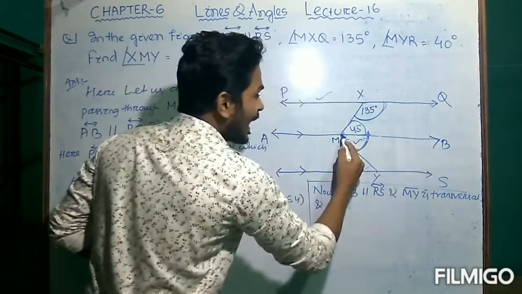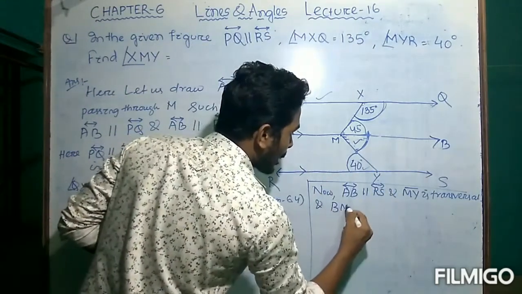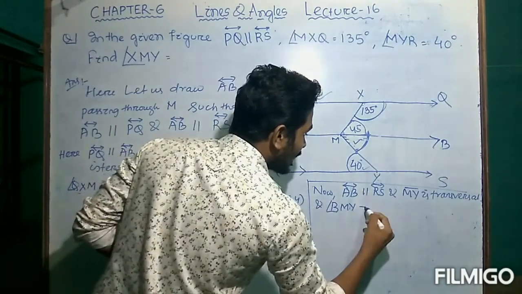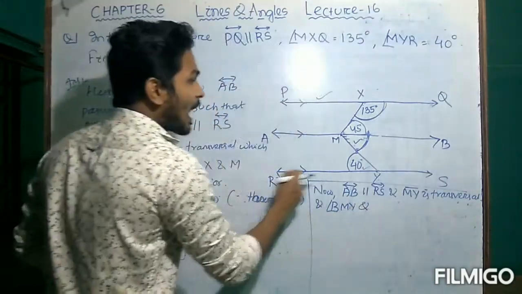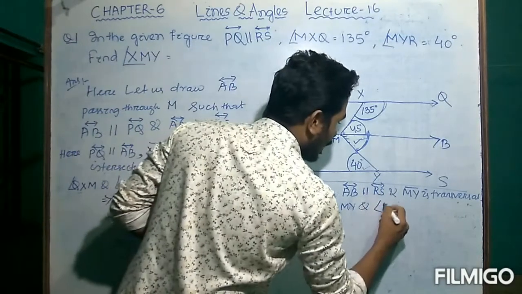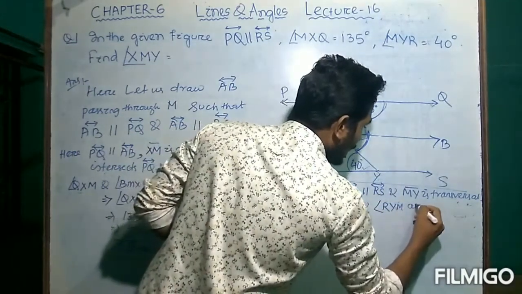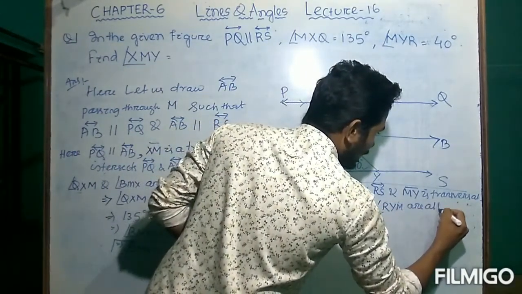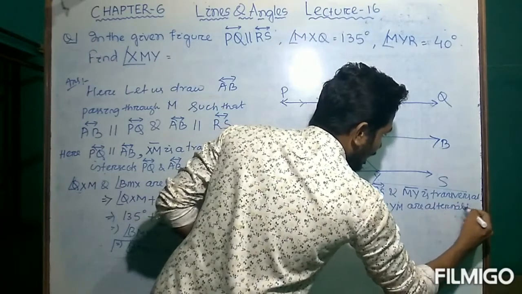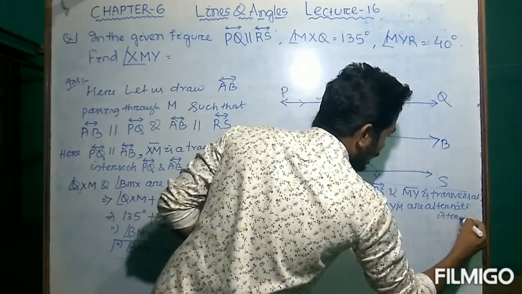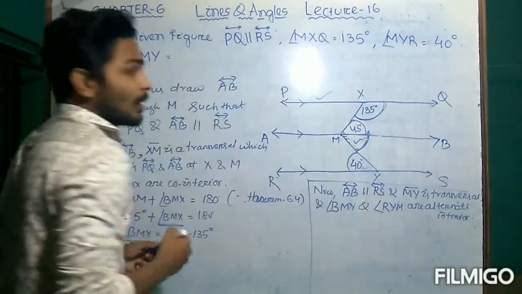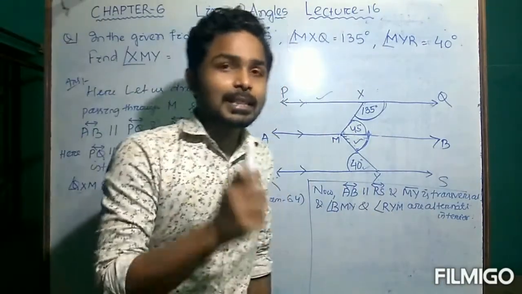And angle BMY and angle RYM are which type of angle? Alternate interior angles. Understood?